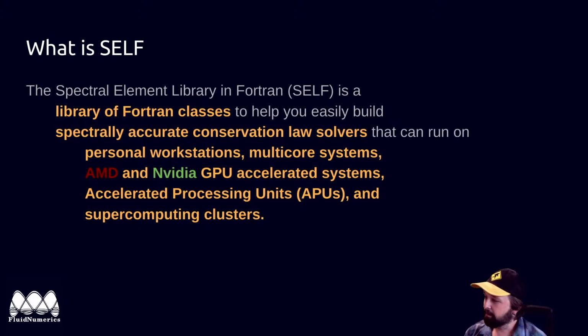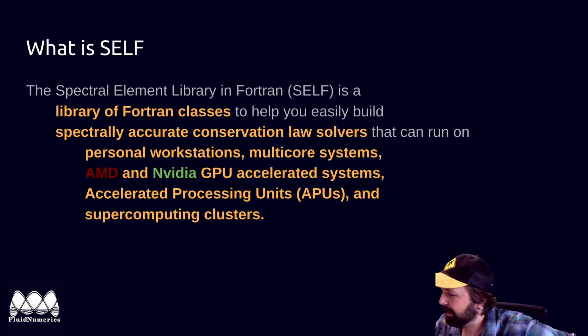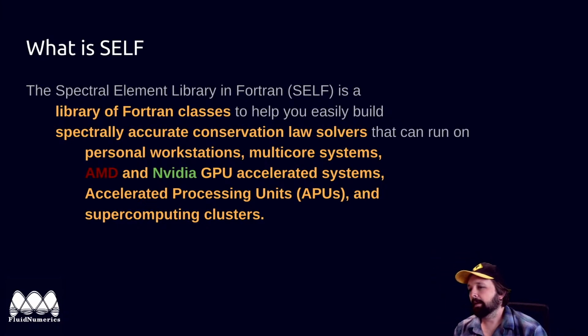I want to lay the ground here for why in the heck we're looking at this. Self, if you're new to this, is the Spectral Element Library in Fortran. This is a library of Fortran classes to help you easily build spectrally accurate conservation law solvers.